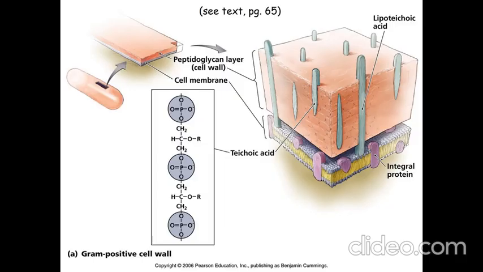We have these other teichoic acids that exist within the peptidoglycan layer, but you can see the lipoteichoic acid goes all the way through the gram-positive cell wall, and it will embed into the phospholipid bilayer. Lipids in the phospholipid bilayer, lipoteichoic acid. It makes sense to just jam those words together. This is what we're going to use for that specific reaction.